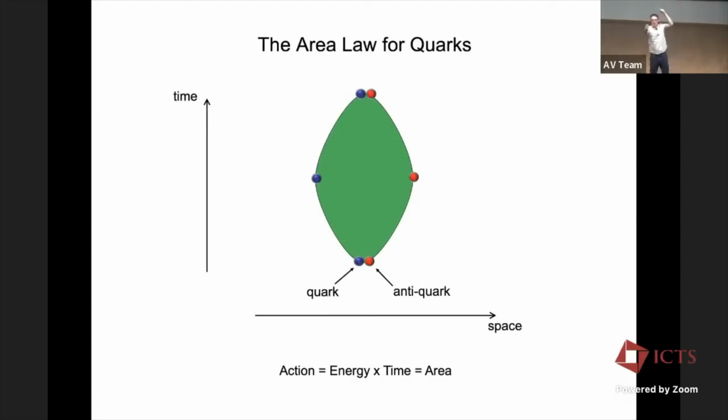If they take some complicated path like this, and then you bring them back together, there's some minimal surface, a bit like a soap bubble that fills that curve, and it's the area of that minimal surface which is the answer that you get. Okay, so there's something in quarks that is to do with the area of things that move around.